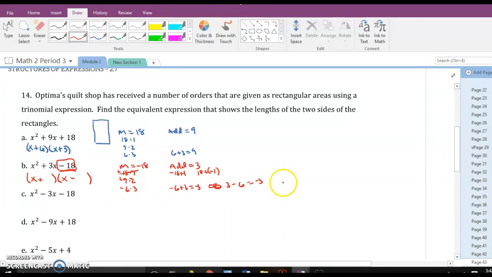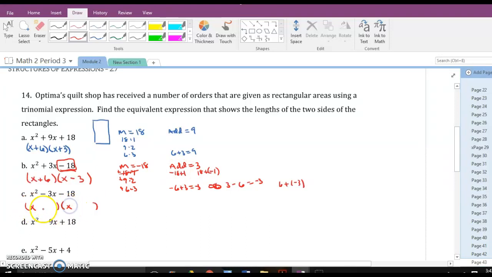Therefore, 6 plus negative 3. Oh, that's one that works. Positive 6, negative 3 is what works. So again, it's a lot of trial and error. Here, you know your signs are different.